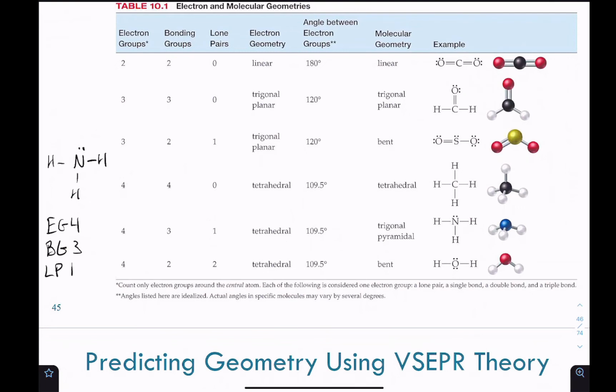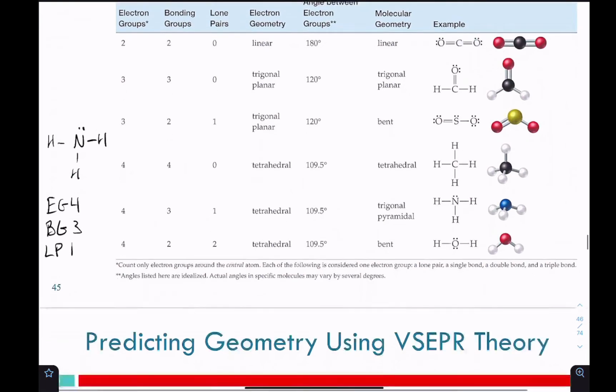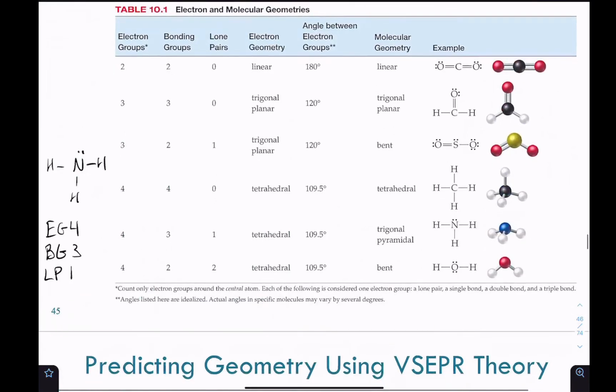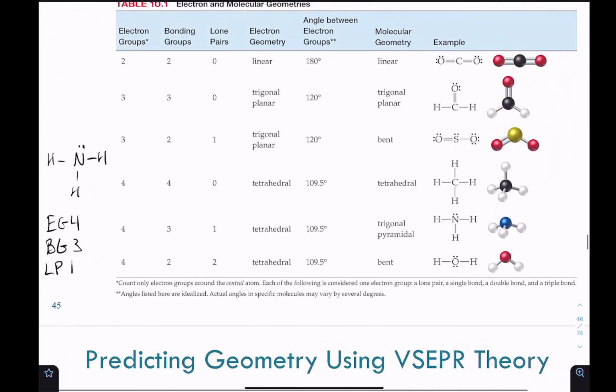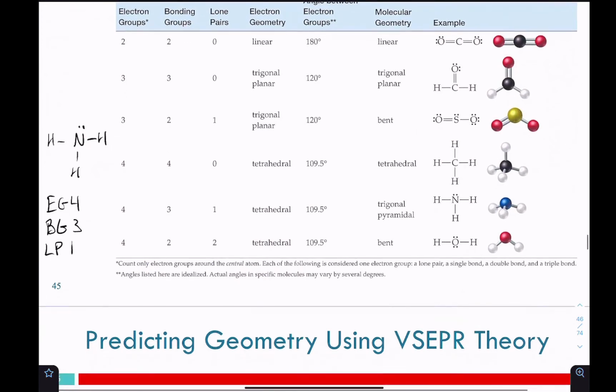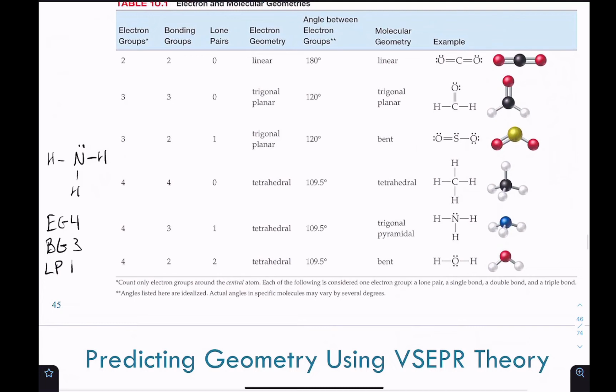The rest are missing dots. Well, these are hydrogen, so they only need 2. For the first one on the Lewis dot structure, that's just a fluorine bonded to a fluorine. Yep.